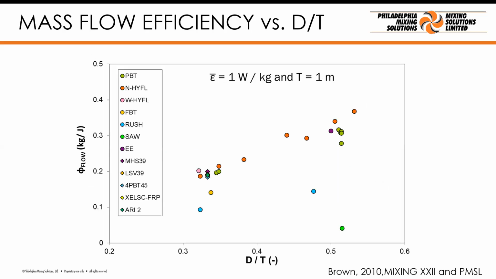So what happens if we take the impeller diameter into account? Now everything lines up. This is now an efficiency defined as kilograms of fluid moved per joule of energy input by the mixer. And now we have this quite helpful line, this slope.